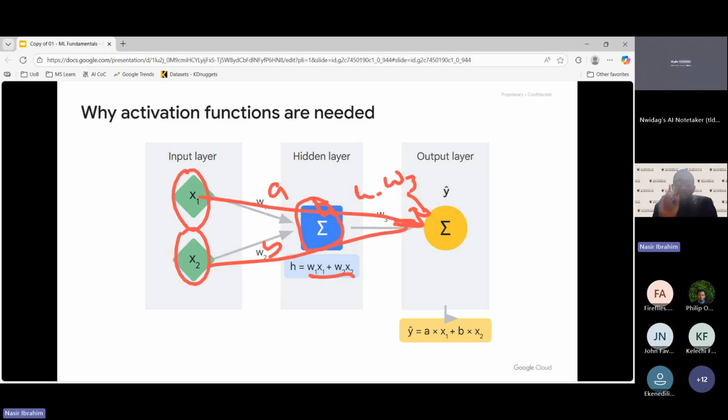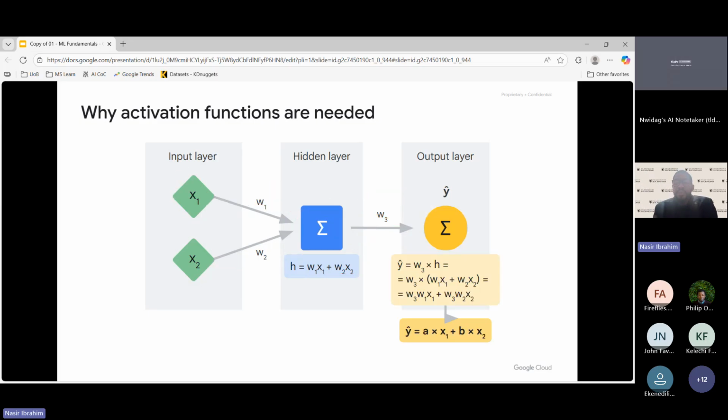Actually, to further emphasize that point, if we want to determine y, if it is a linear equation, you basically need to do this. All you need to do is to multiply h by the weight w3, and multiply by these values. So then you don't need this actually.